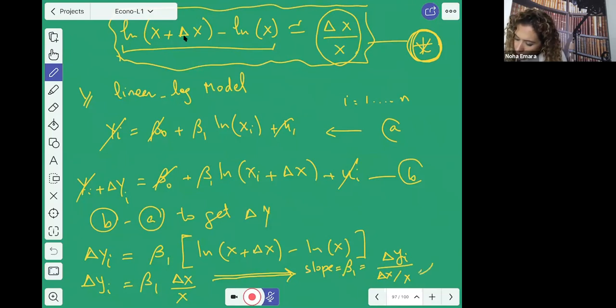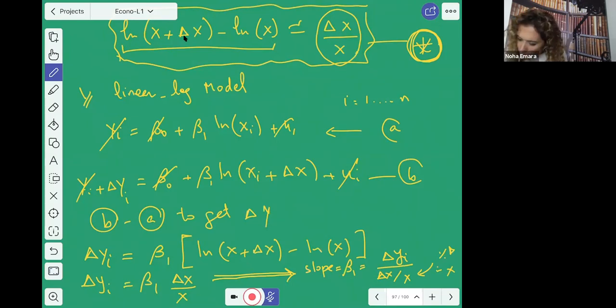So this is a percentage change in x, and this is what we have for a linear log. Anytime I give you a model and ask what the impact of the change in x on y is, remember that you will use this formula. Let me give you an example.